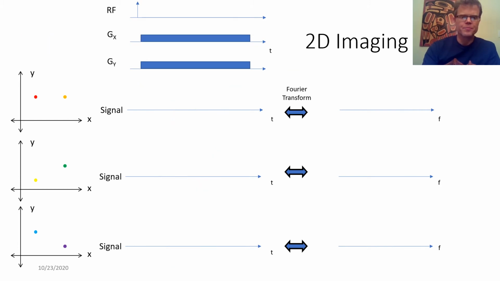So to do this, we combine turning on of both of the magnetic field gradients.